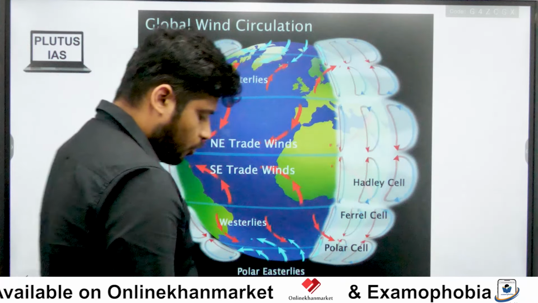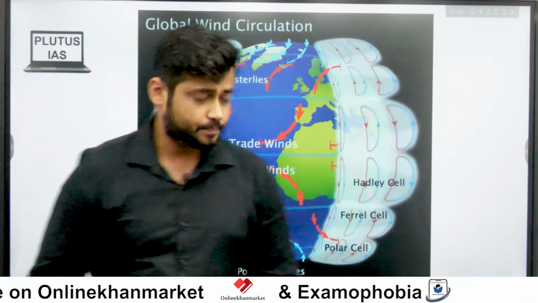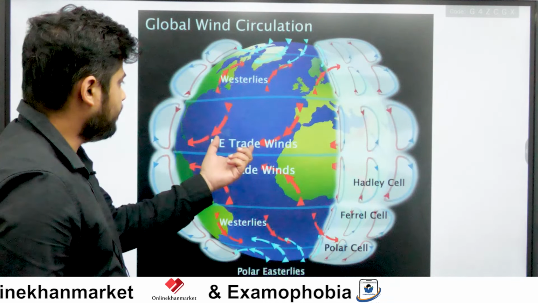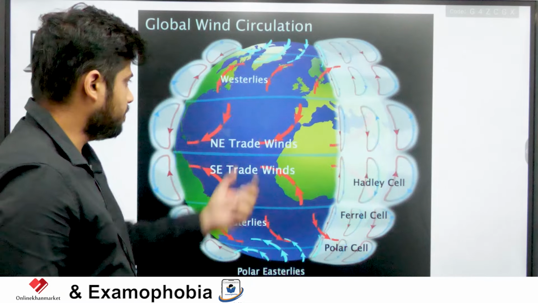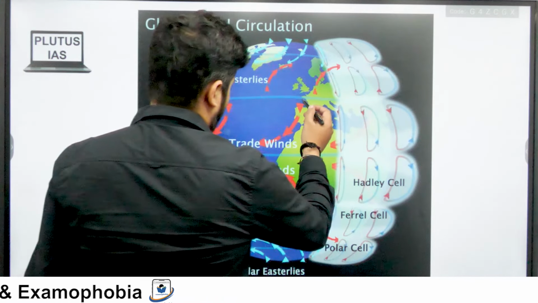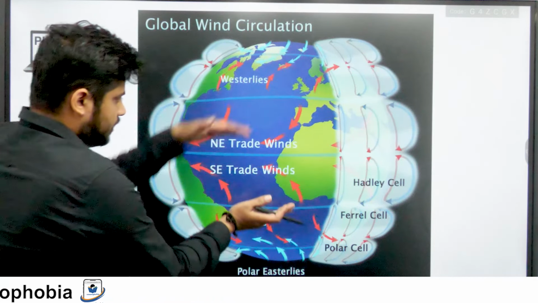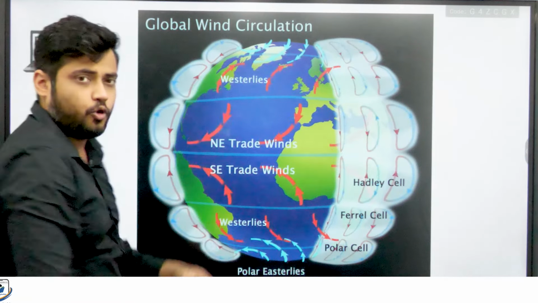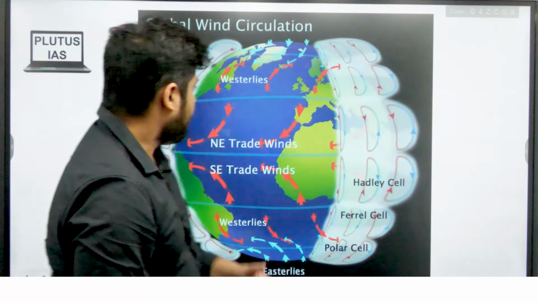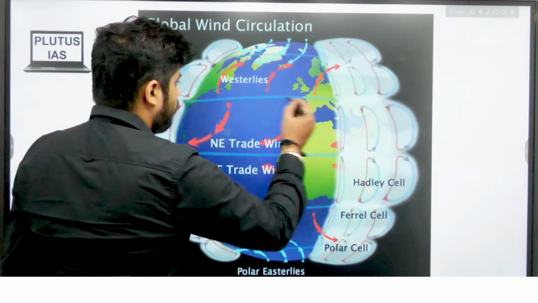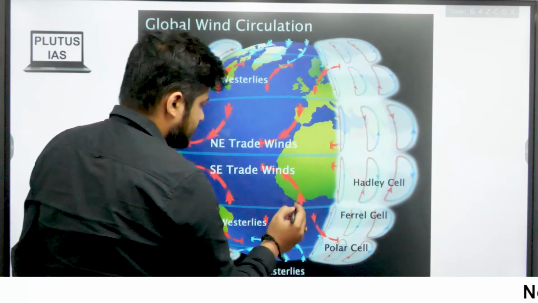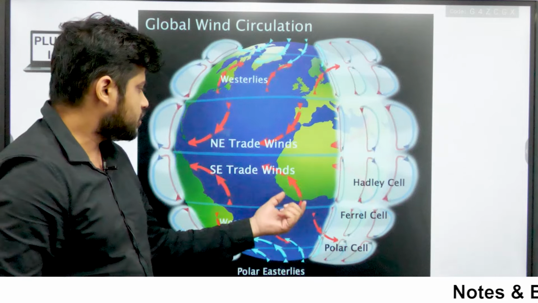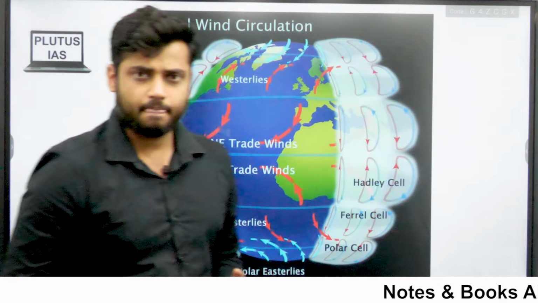Here we have trade winds, and trade winds blow in the tropical belt. From 30 degrees north to 30 degrees south, this entire region is dominated by the trade winds. These winds move from the high pressure region near the 30 degree north and south latitudes towards the equator.